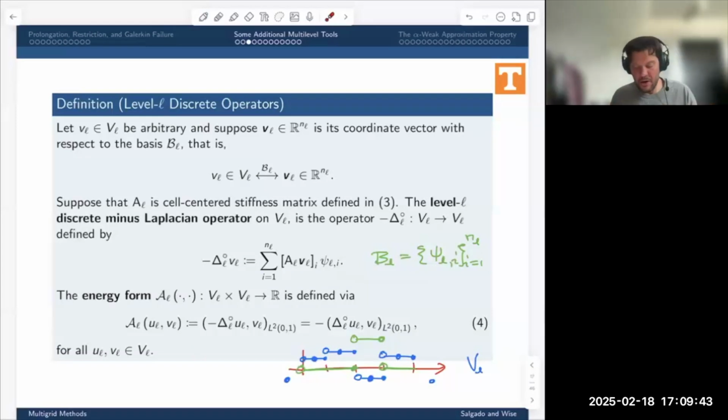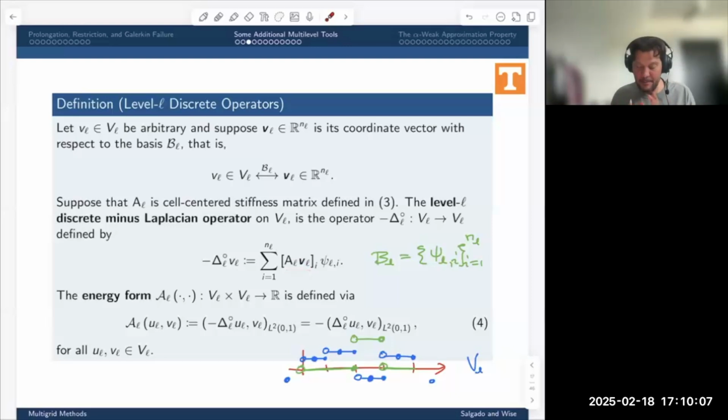Now, here's where the details are. I'm going to take the vector from here, which is the coordinate vector with respect to this basis representation for V, and I'm going to multiply that by the stiffness matrix. So take the coordinate vector, grab it, multiply by the stiffness matrix.